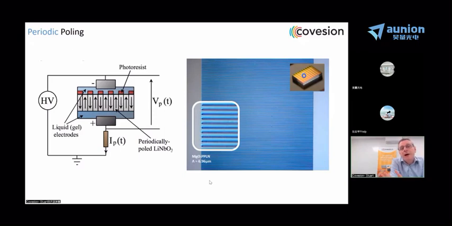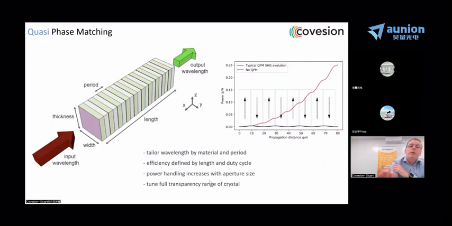And then we have a proprietary method of applying a high voltage, tens of thousands of volts across the material to periodically invert the domains.